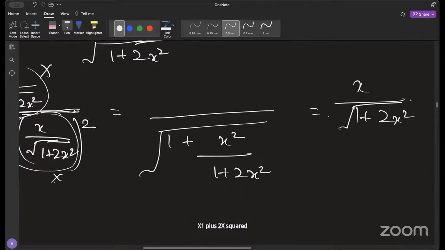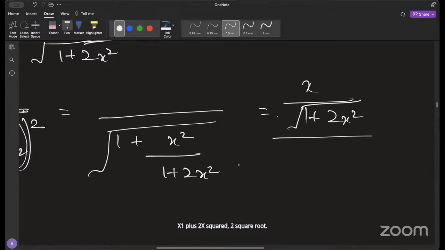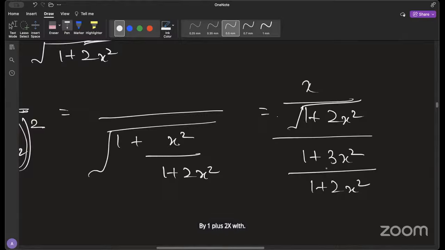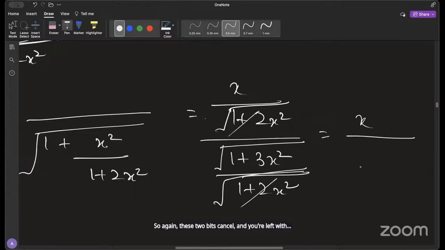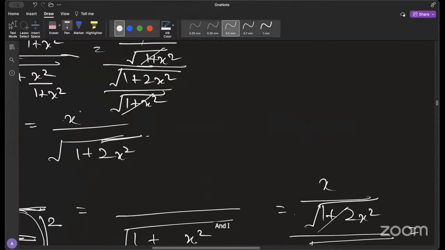And this becomes 1 plus 2x squared plus x squared, so it's 1 plus 3x squared over 1 plus 2x squared under the root. So you can separate the root here and here. Again, these two get cancelled, and you're left with x over square root of 1 plus 3x squared. These were just calculations, and I hope this is one of the options.